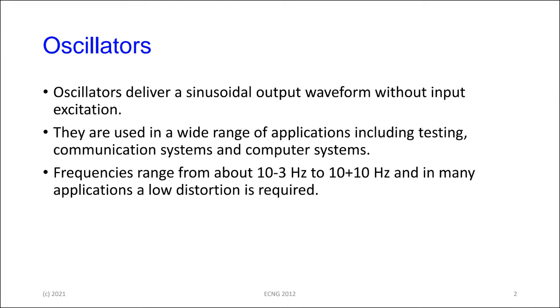When we do Fourier series and the Fourier transform in ECNG2012, you're going to see where distorted signals start to give you other frequencies that you didn't want in the first place. We will spend some time looking at that and hopefully tie it back to things that we did here as well.